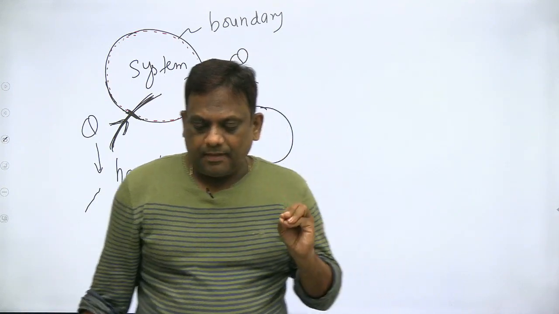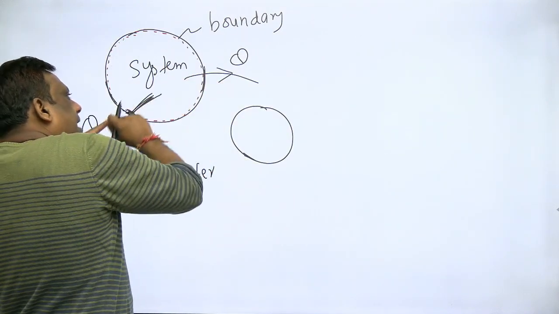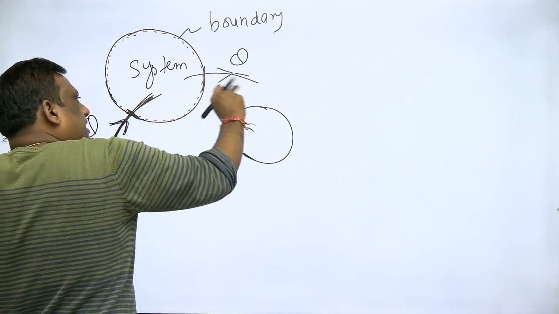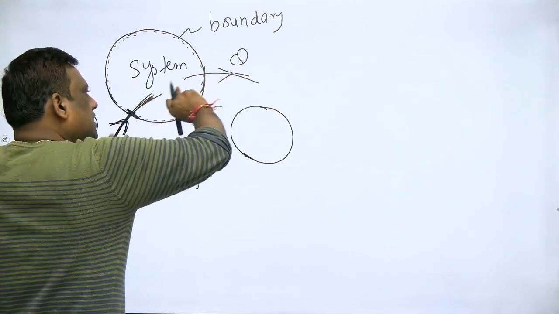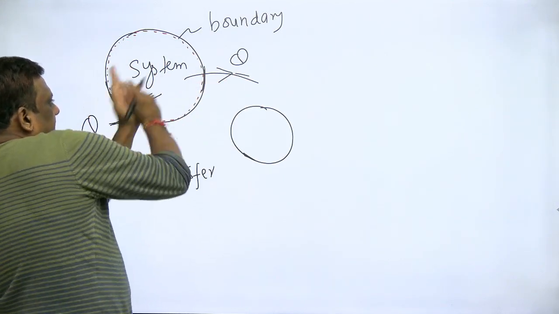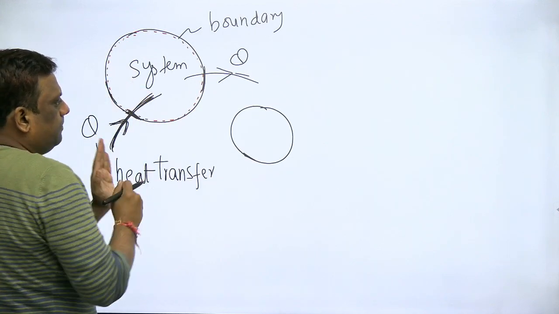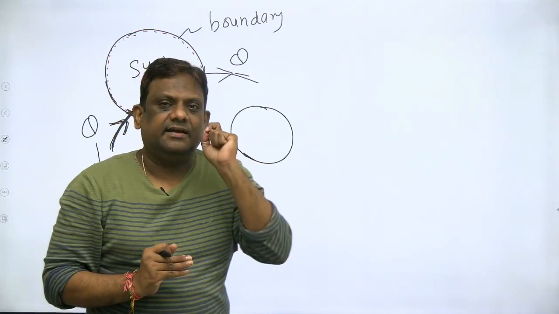I repeat, as long as it is crossing the boundary, going in or out, whatever it may be, we use the word heat transfer. Once it stops crossing, I stop using the word heat transfer.